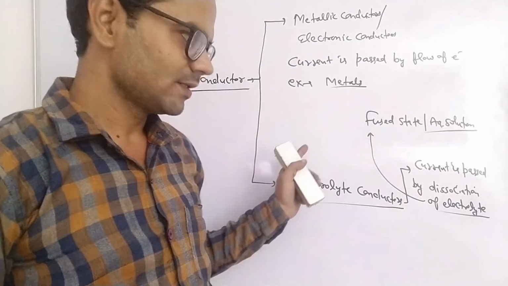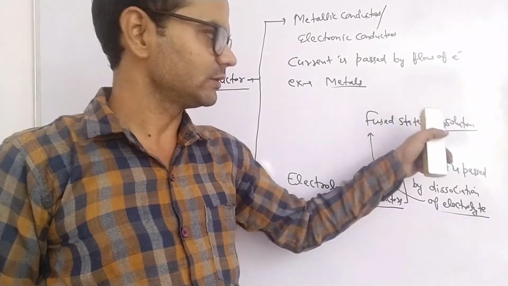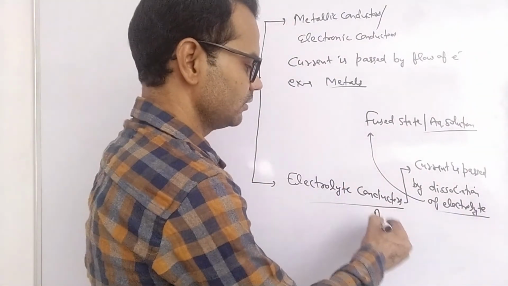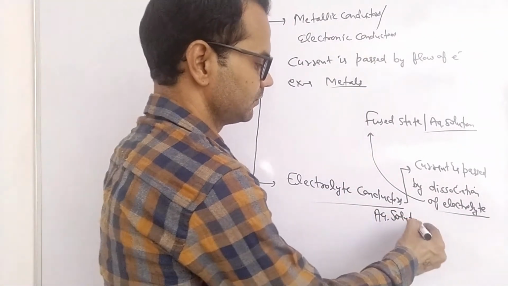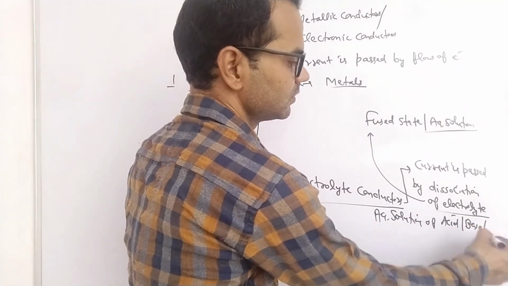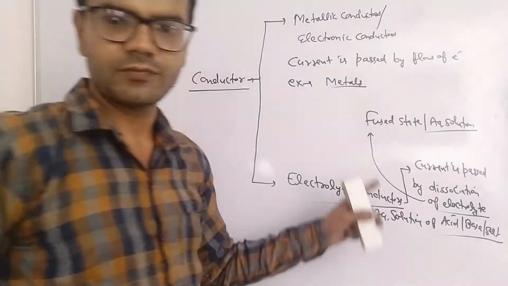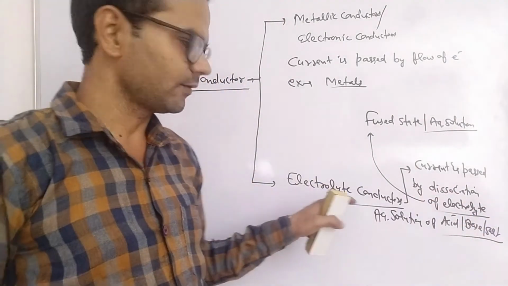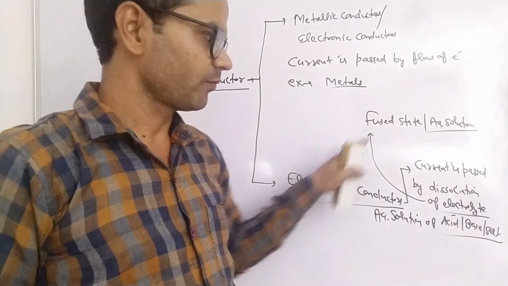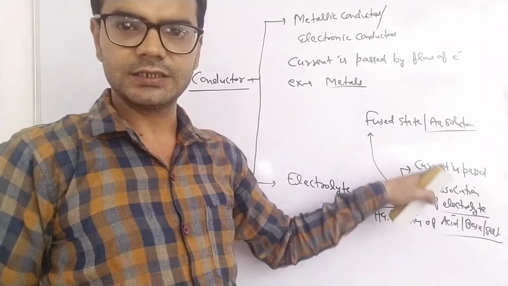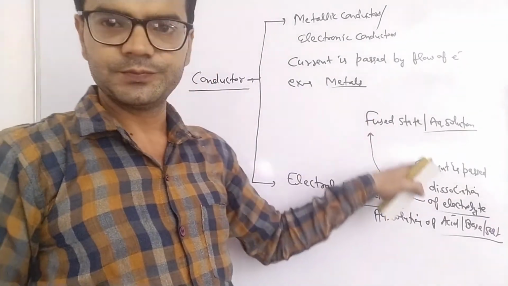So current will pass by the dissociation of electrolyte in aqueous solution or in a fused state. Examples: aqueous solutions of acid, base, salt. Aqueous solution of acid, base, salt, they behave as electrolytic conductors. Current is passed by dissociation of electrolyte. Dissociation, or we can say ionization, split into ions.